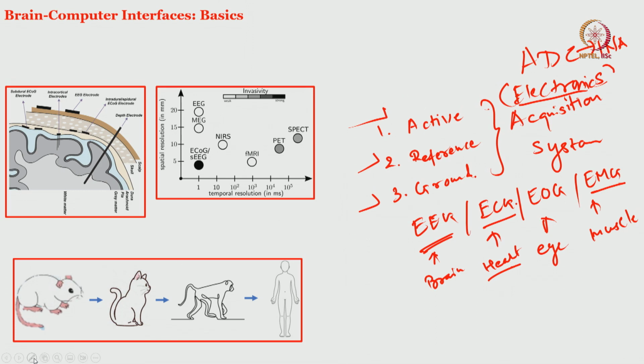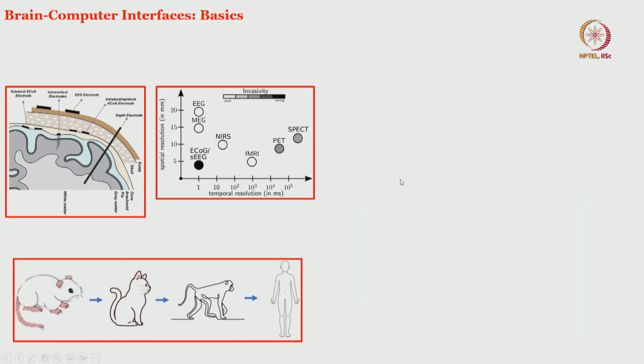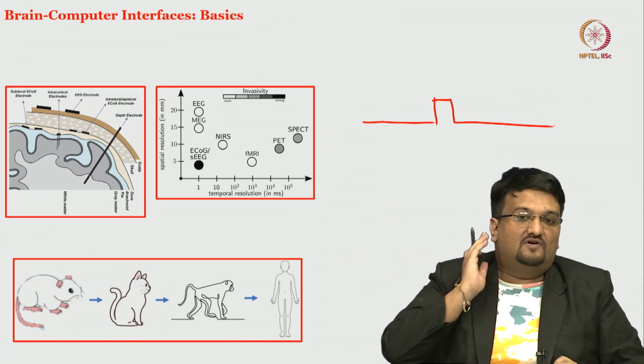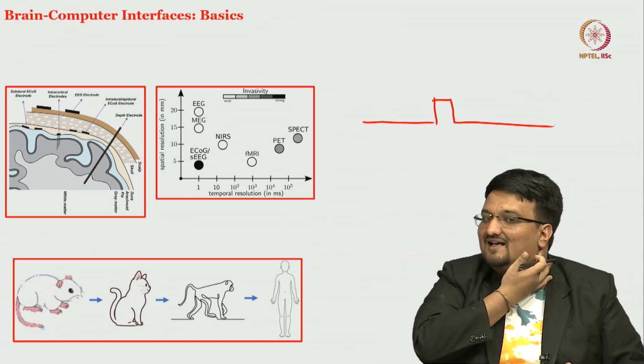So I was explaining temporal resolution, and for that I was saying we will put the electrode on the forehead here, and let's say this is just a trace. I ask the subject to blink at this particular moment, and this is a normal thing. If you can see me, the electrode would be placed on my forehead, right here, and you can use your earlobes or mastoid as the reference and ground.